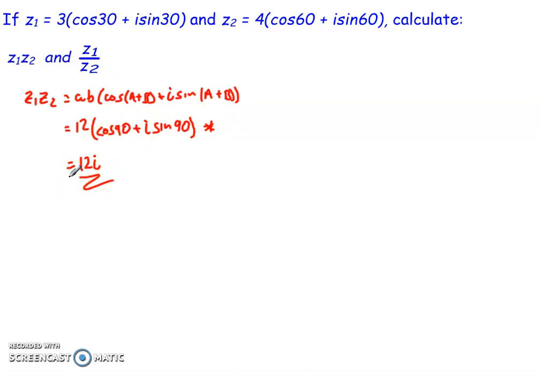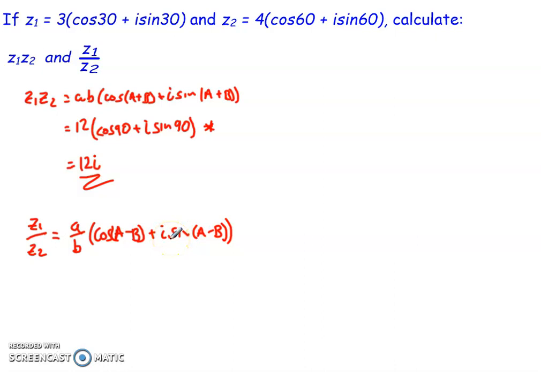Next question was z1 over z2. Well, remember that z1 over z2 was given by a over b (cos of (A minus B) plus i times sine of (A minus B)). So again, got to identify each of the parts and substitute them in. Well, none of them are going to change.